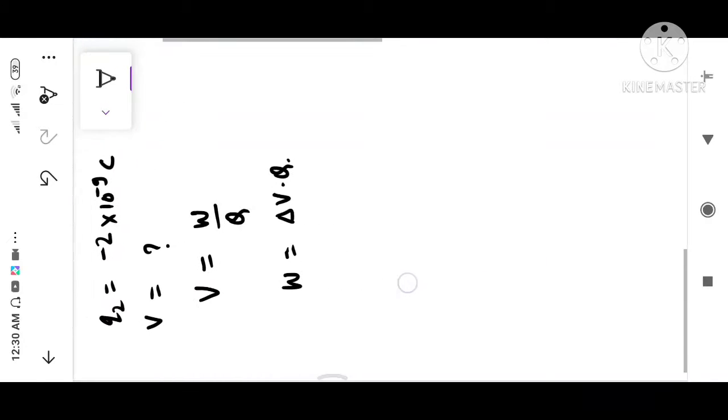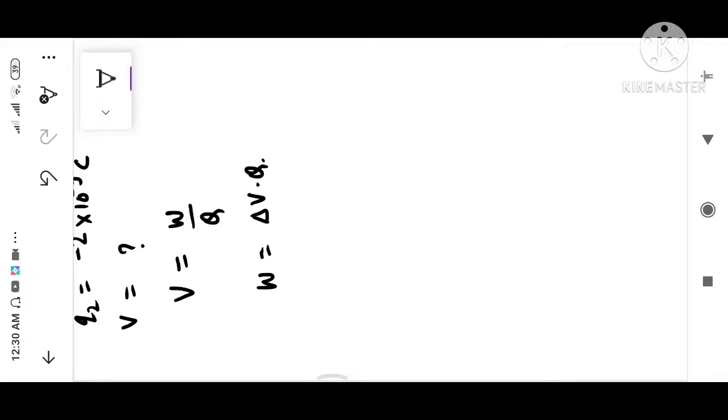So what is the change in potential? Let me draw this diagram. Suppose these are the x, y and z axes, and this is the origin, and here your 8 millicoulomb charge Q1 is placed.